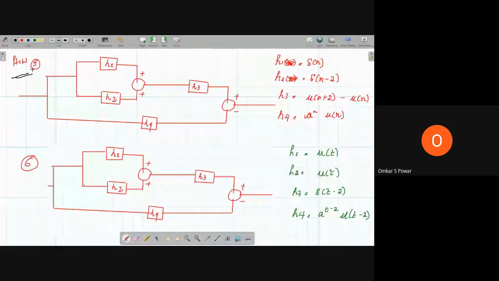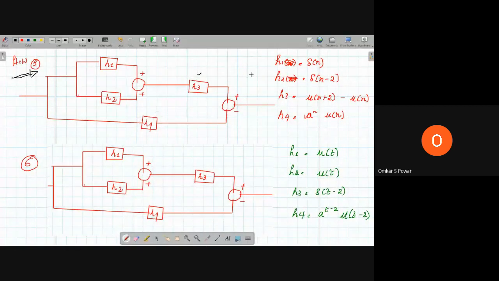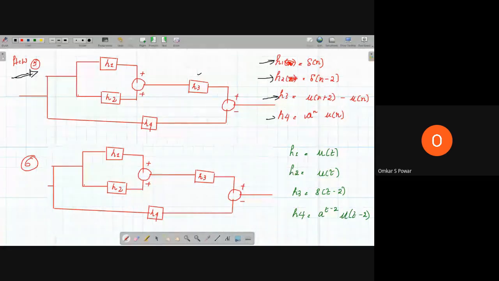Same thing here, h1 and h2 are parallel. This is in series with h3. Then it is in parallel with h4. And I have given the values of h1, h2, h3 and h4. Substitute and solve it. If I have time at the end of this lecture, I'll solve this 5th question if you want. And the 6th question at least you have to solve.